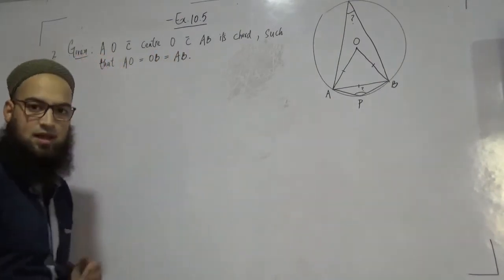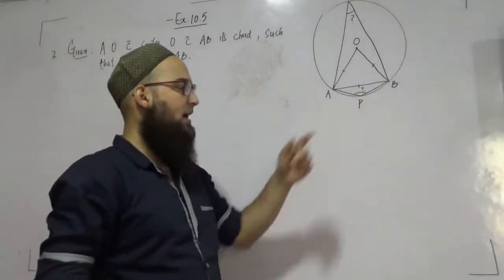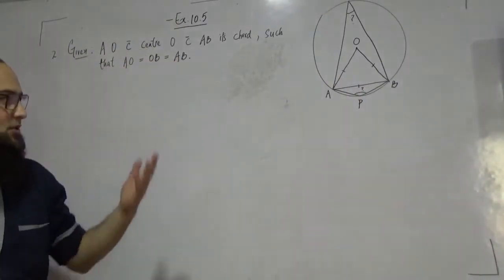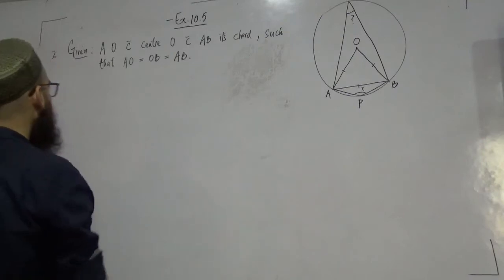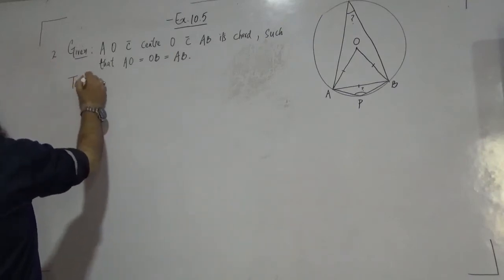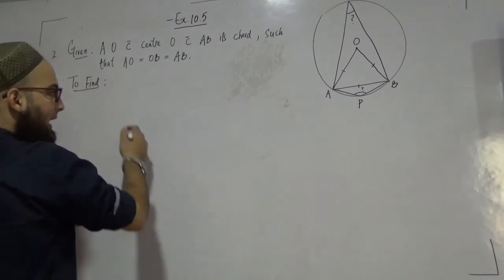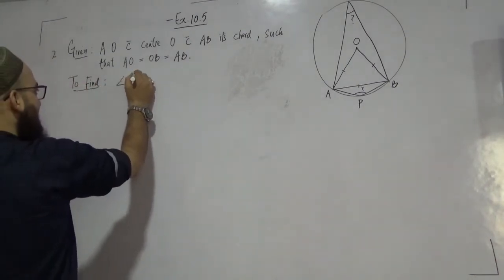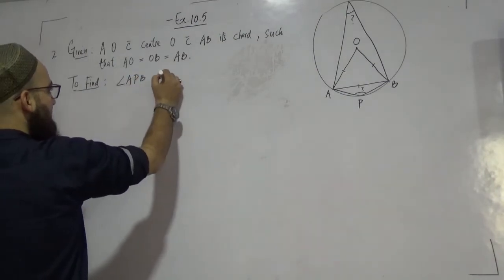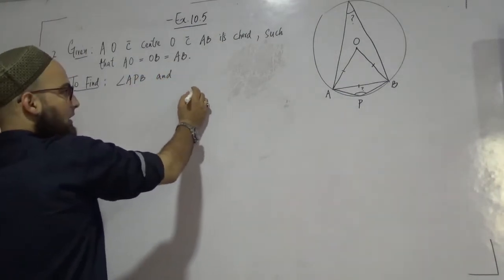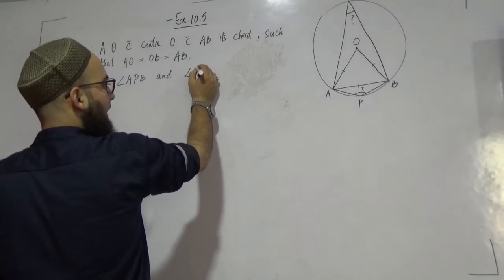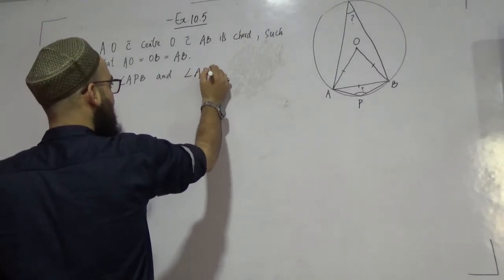This is given because these are radii, two radii, and the chord is equal to the radius. That means all three sides are equal. To find, you are going to find angle APB and angle AQB.